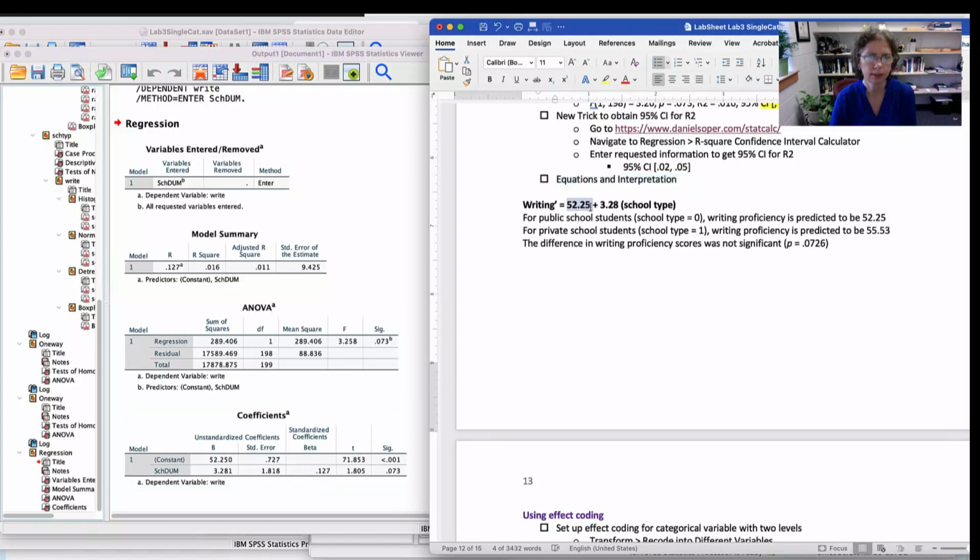So the mean for the referent, public school, was 52.25. And then the regression coefficient for the target, whoever was coded as 1, private school was coded as 1, and the difference between public and private school is 3.281. Is that difference significant? No.